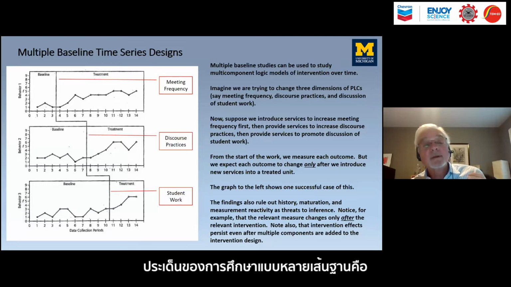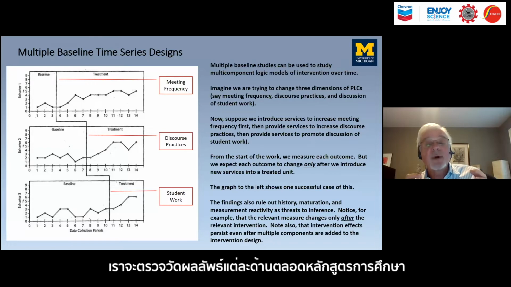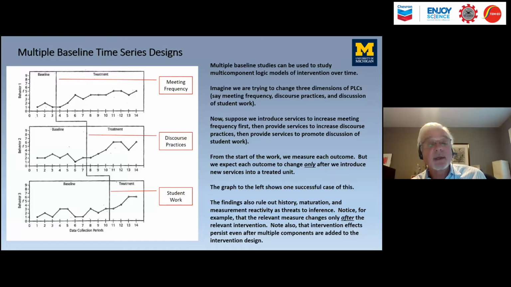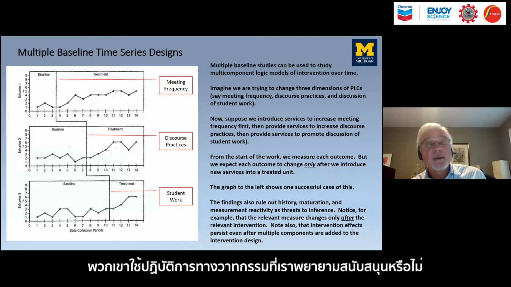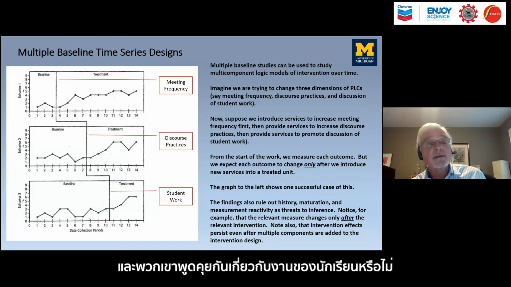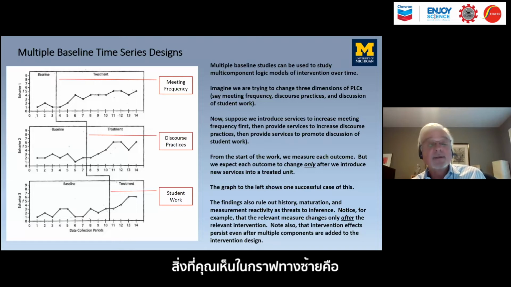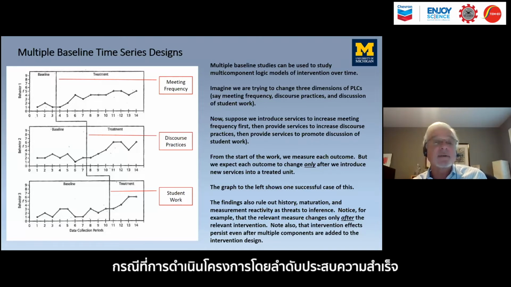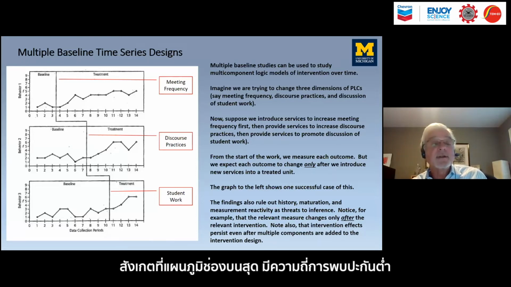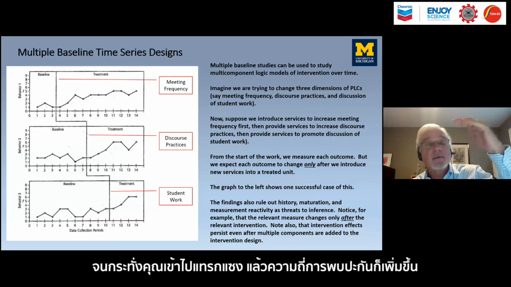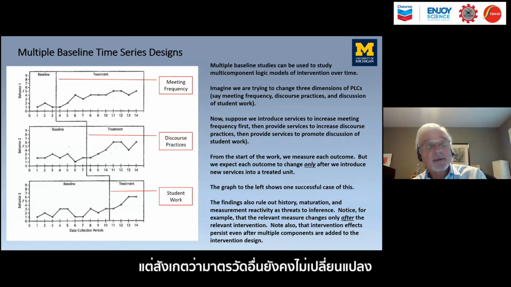The point of a multiple baseline study is that throughout the course of the study, we are measuring each outcome: how frequently the groups are meeting, whether they're using the discourse practices that we're trying to encourage, and whether they're talking about student work. And what you see in the graph at the left is a successful case of a kind of sequential intervention. Notice at the very top panel, there's low meeting frequency until you intervene, and then meeting frequency goes up. But notice that the other measures remain unchanged.